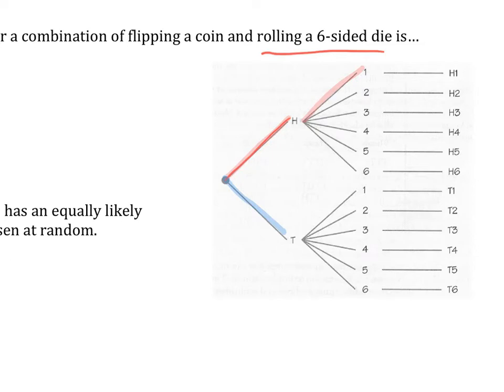You could also flip a head and roll a 2, a head and roll a 3. You'd flip a head and then roll a 4. You flip heads and roll a 5, or flip heads and roll a 6. Okay, so those are your possible ones when you flip a head. If you flip a tail, you could do tails and a 1, tails and roll a 2, tails, roll a 3, tails, then roll a 4, tails, roll a 5, and tails, roll a 6.